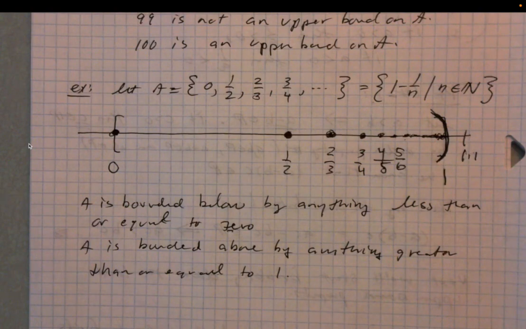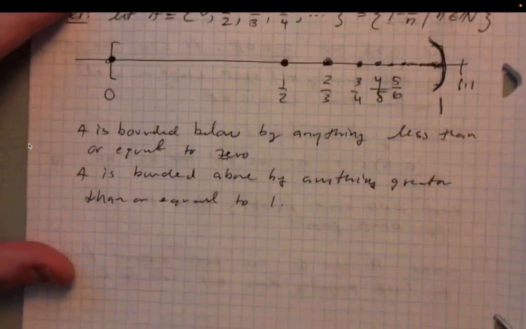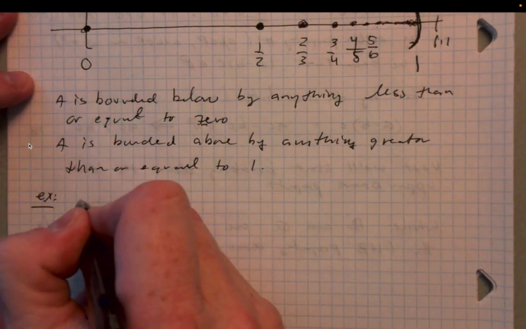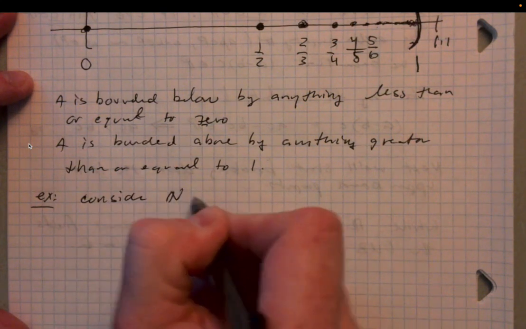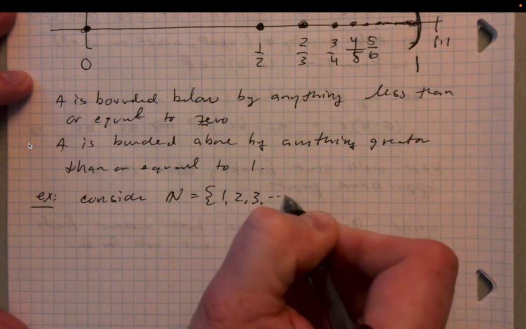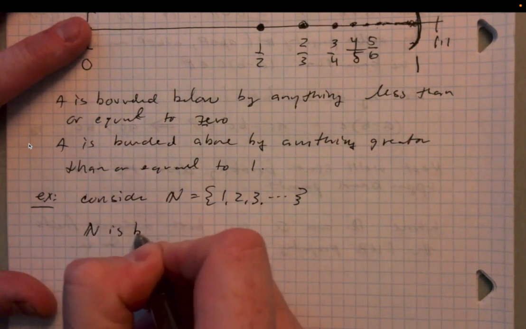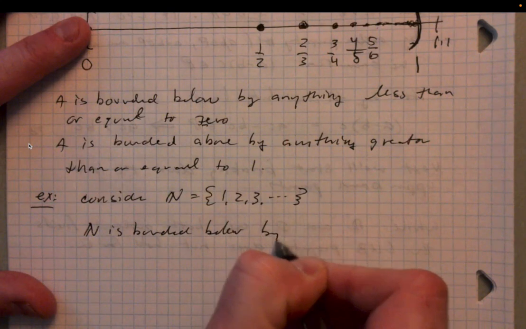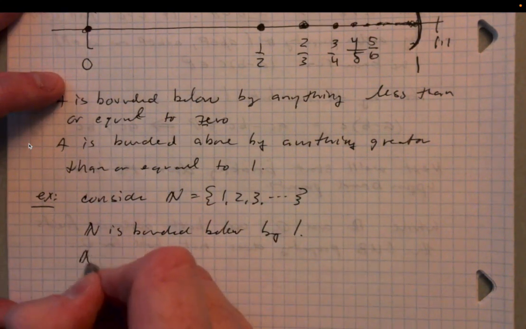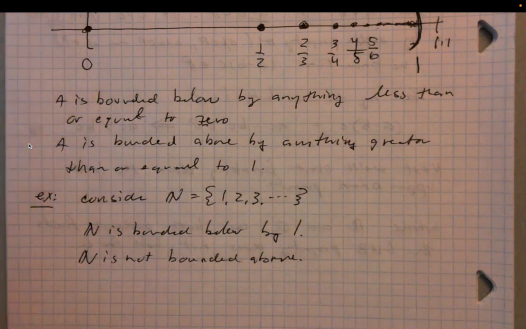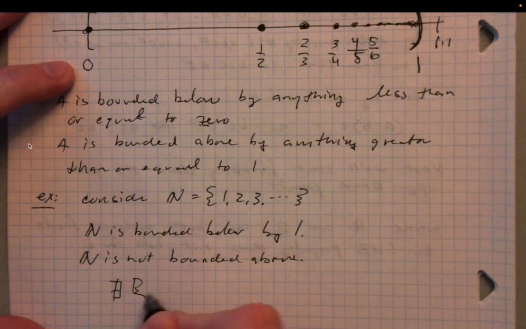Let's see another example. Not all sets are bounded, as you can probably imagine. Let's consider N, the natural numbers: 1, 2, 3, and so on. The natural numbers are bounded below by 1, but N is not bounded above.